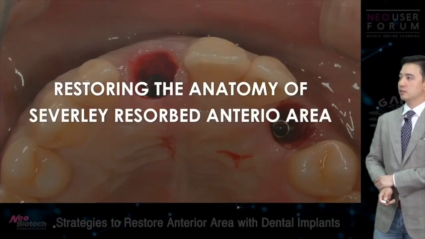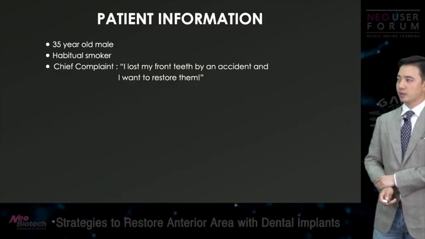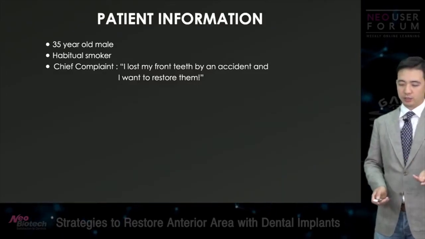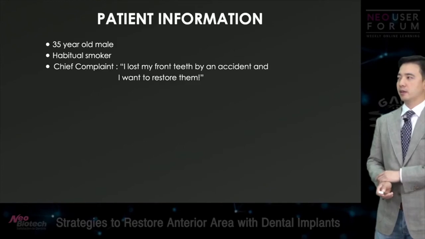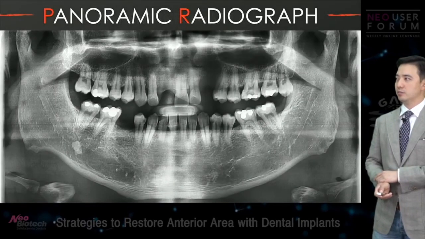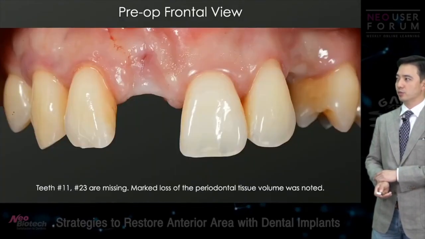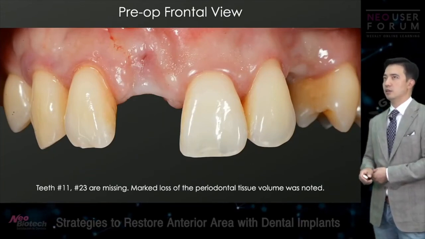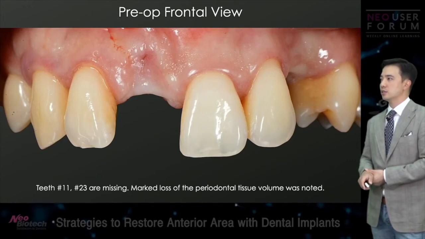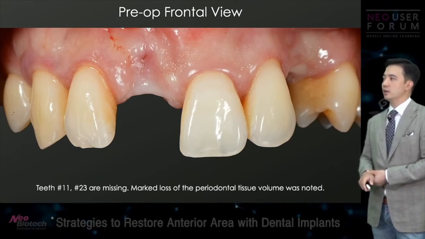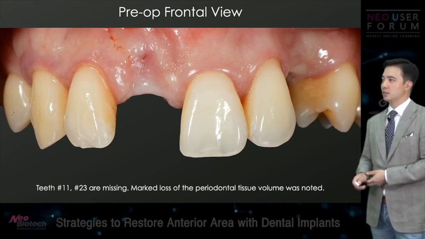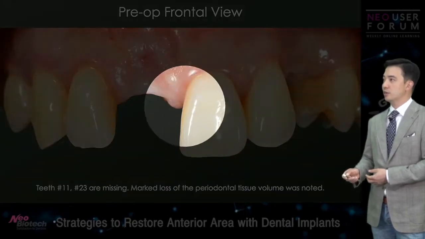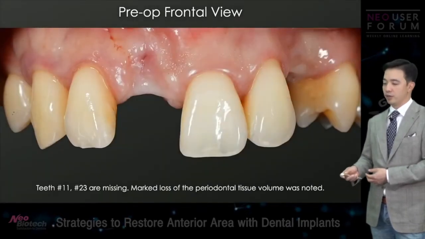Okay, so another case. The cases I showed you didn't have really marked bone resorption, but look at this case. The patient comes in, a gentleman in his mid-30s. He had an accident and lost number 11 and 23.